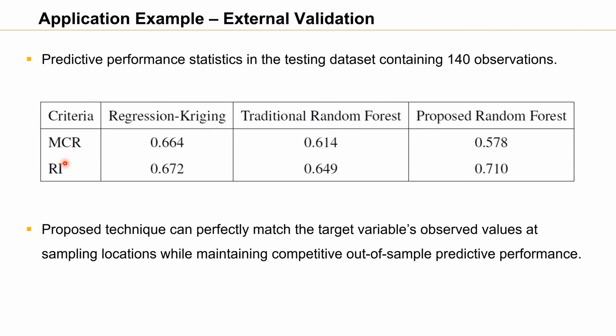In terms of randomness, it gives the highest value. So from this example, we can notice that this method is first able to provide an exact conditional predictive map, but is also able to provide a predictive performance that is higher than classical methods.